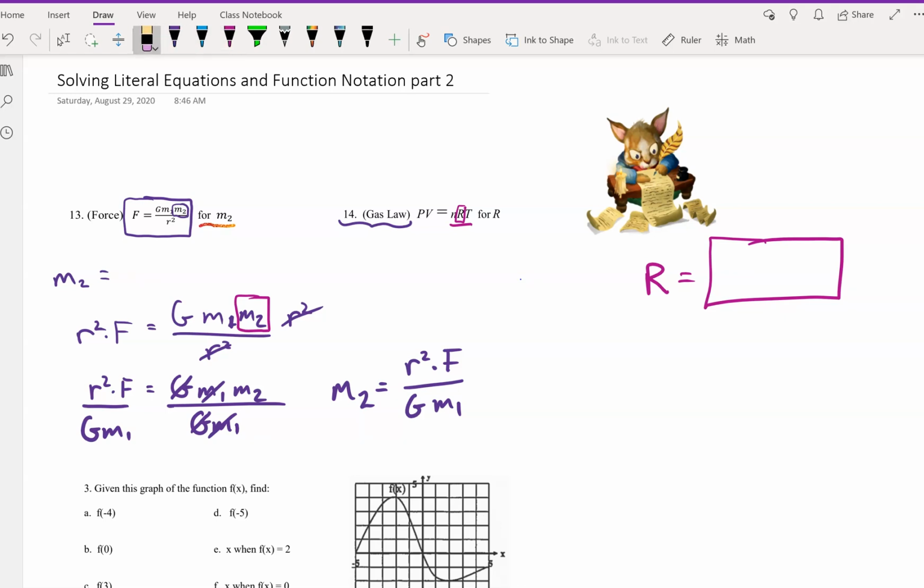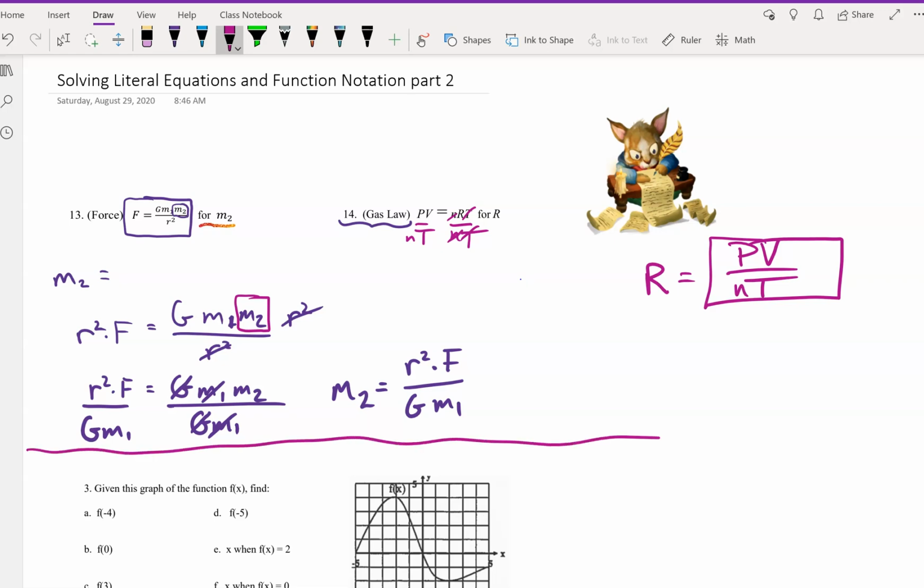I'm going to divide by n and t, both sides. The t's will cancel, the n values will cancel, and my final equation will be r is equal to pv divided by nt. A lot of letters flying around here as you're working on literal equations.